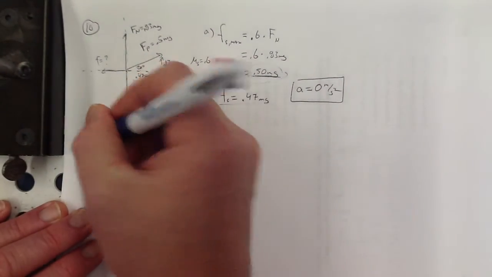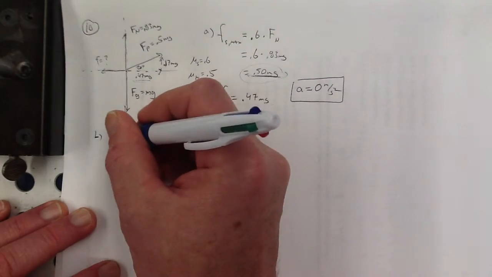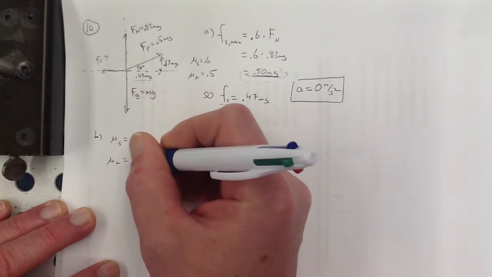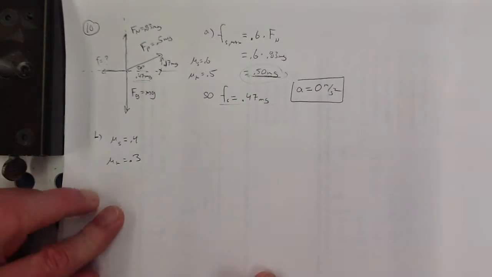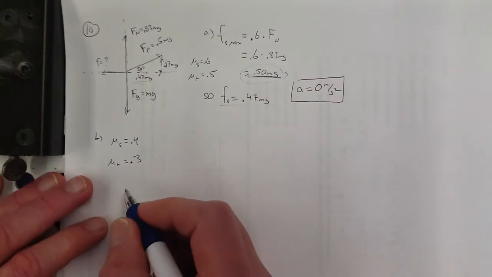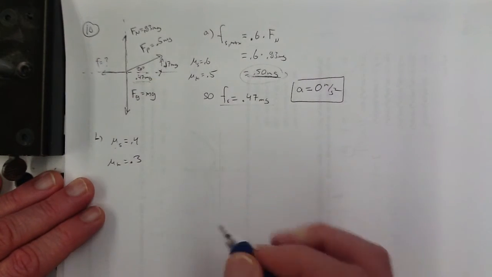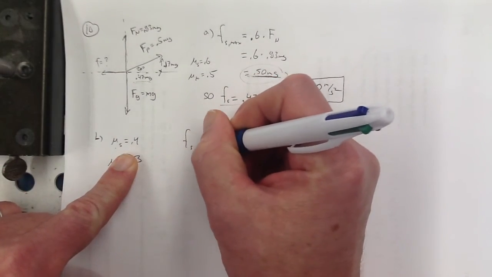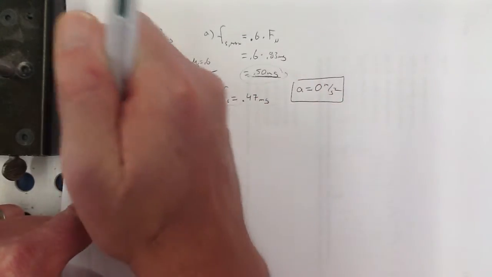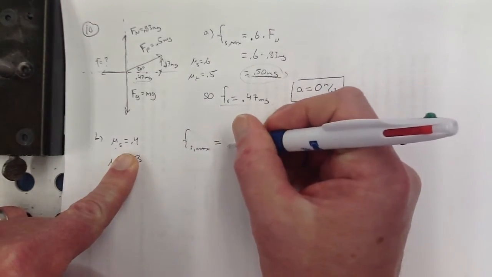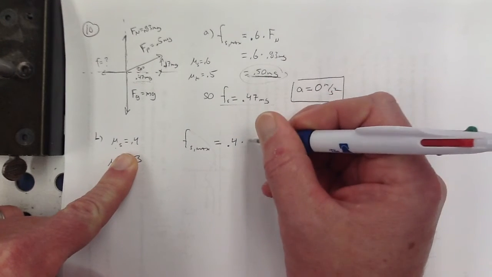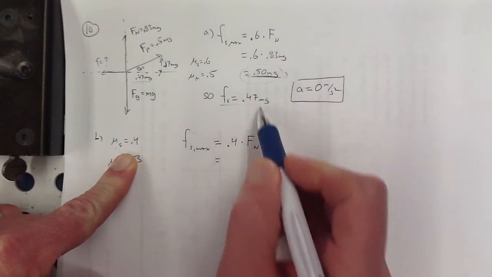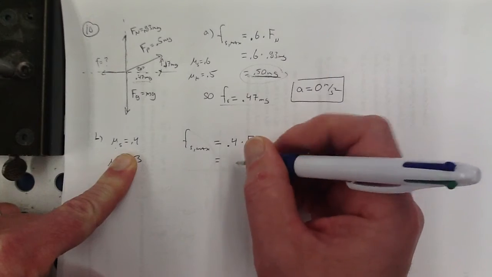But what about in part B? What if we drop the static coefficient to 0.4? And this is now going to play out like what I did in the wrong version of 10A from the notes video. So the static coefficient, now we still need to check that. What is the maximum amount of static friction available? None of this has changed, so now I have 0.4 times the normal force, and our intuition would probably be, yeah, that was really close, so this is surely not going to be enough.